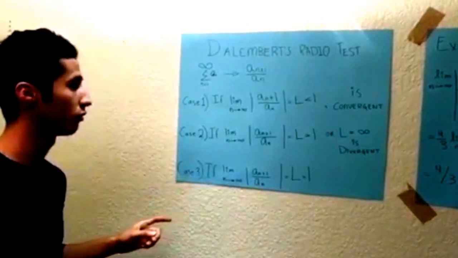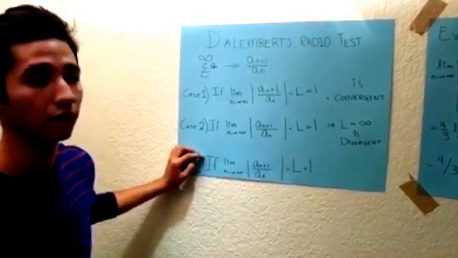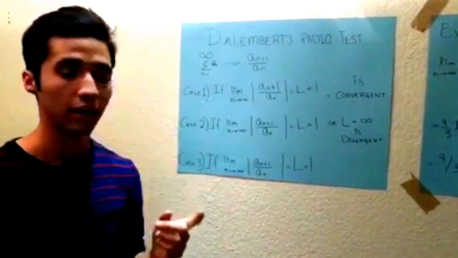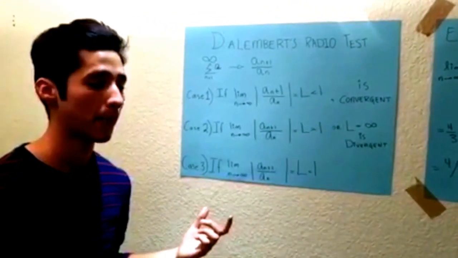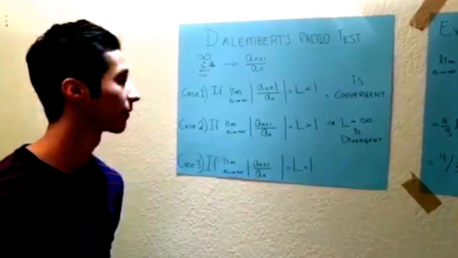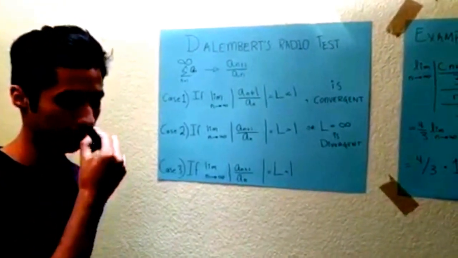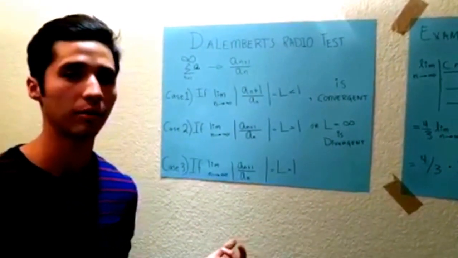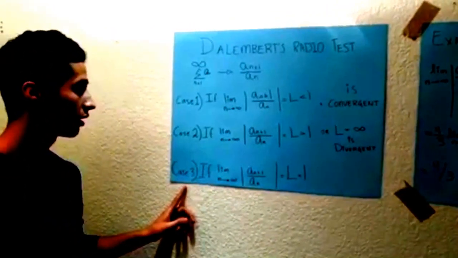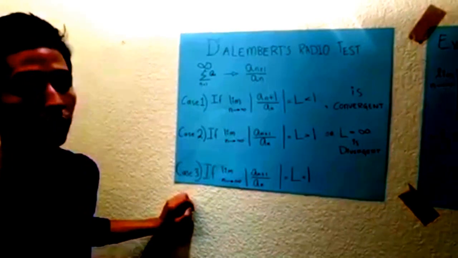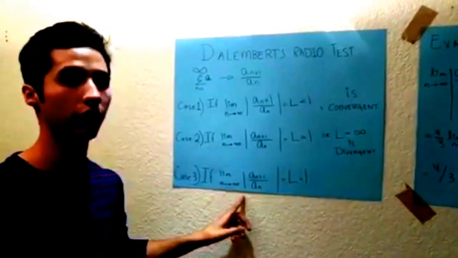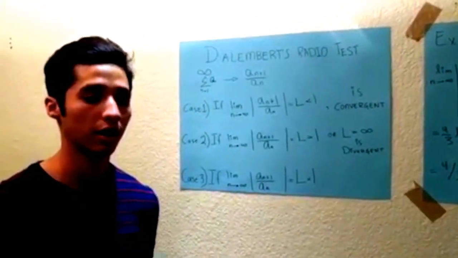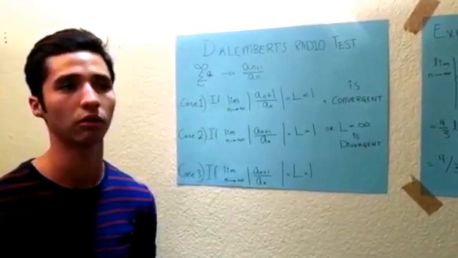In case 2, if the limit as n goes to infinity of the absolute value of a n plus 1 over a n is higher than 1 or infinity, the series is divergent. In case 3, if the limit as n goes to infinity of the absolute value of a n plus 1 over a n is 1, it's an inconclusive result.